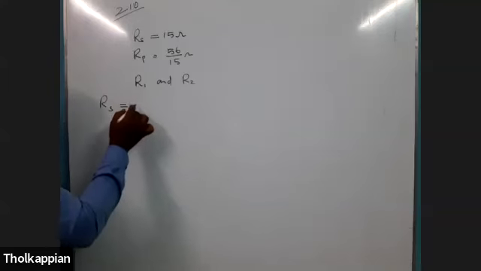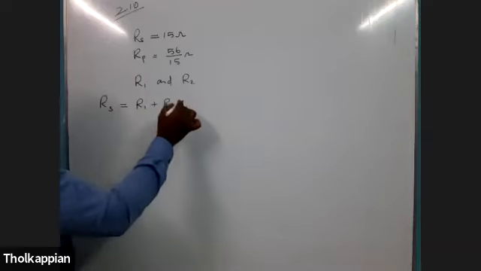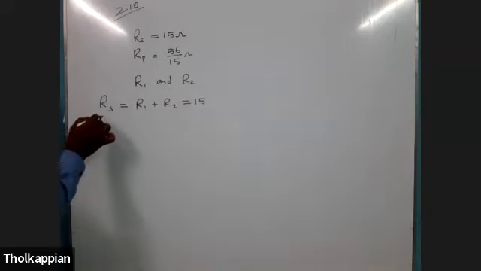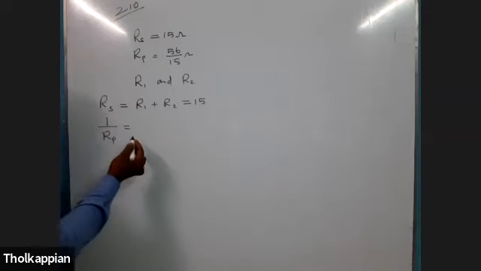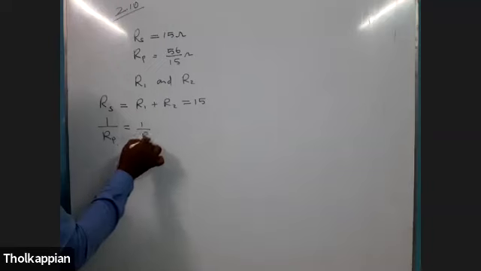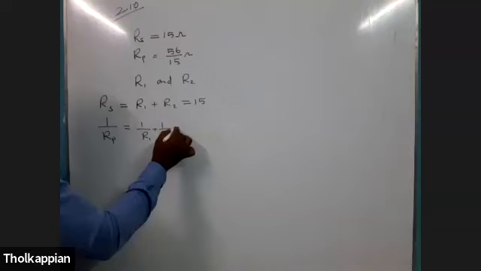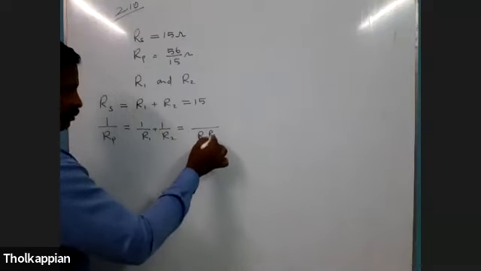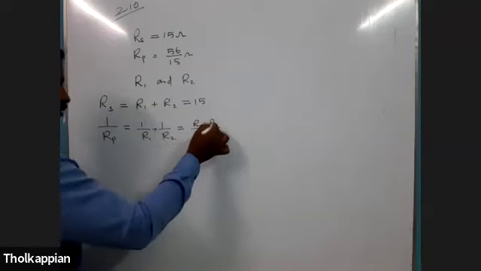Resistance in series, you know the formula for these two resistances: R1 plus R2. This value is given as 15. And resistance in parallel, you know that 1 by Rp is equal to 1 by R1 plus 1 by R2. This can also be written as, take LCM, R1 R2 in the denominator and R1 plus R2 in the numerator.